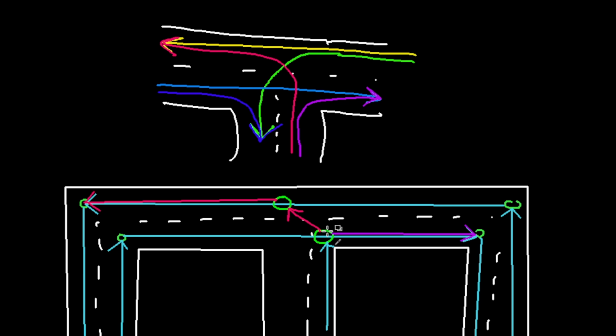But what if we want this green scenario? Well, then we have a waypoint over here, and we connect this up to this as well. And then we have a waypoint over here, and we connect this green one to that.